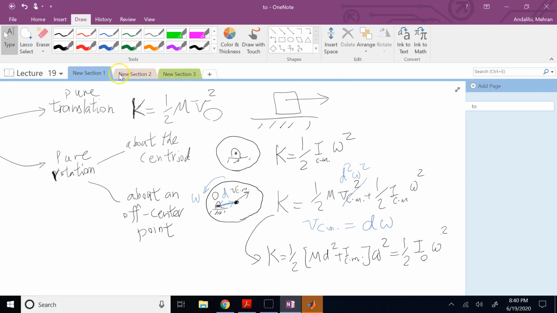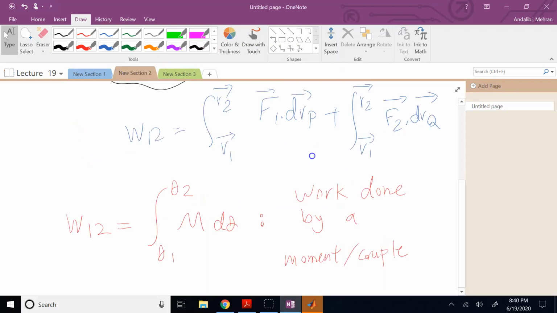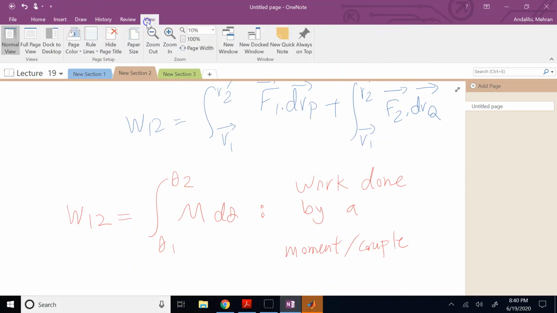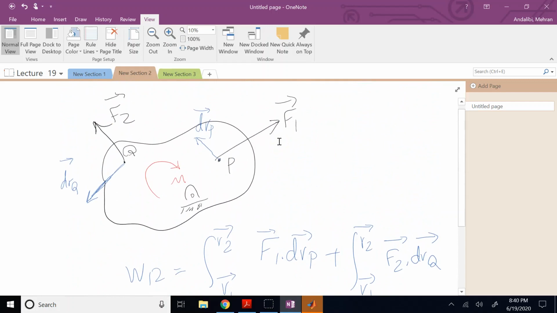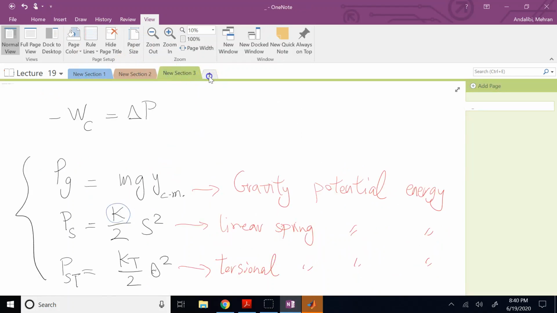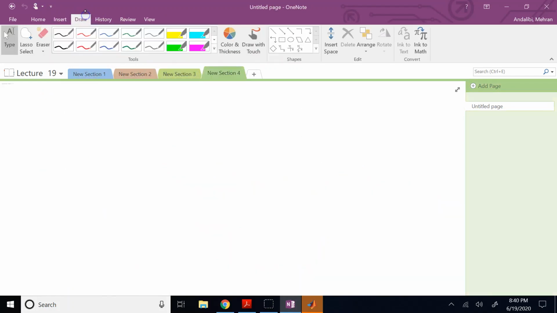So here, this is this one. I just want to make sure that you have access to anything that you need. So this is this one, this one, this one, and now again I write them for you here. One way to write the principle of work energy is this one, the original form.